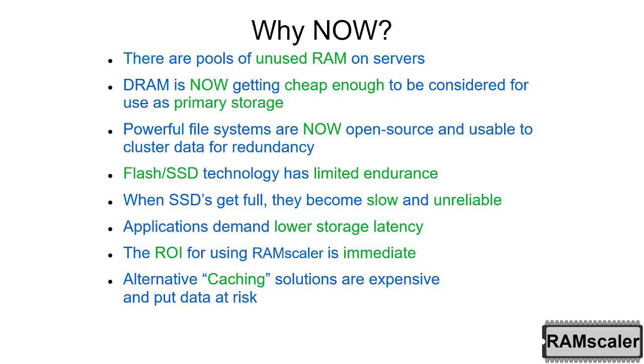And alternative caching solutions are expensive, and they put data at risk, and they sometimes require proprietary hardware to be put in your servers themselves or on the network. Caching is an area that people immediately think of as a quick way to solve storage issues and performance issues.